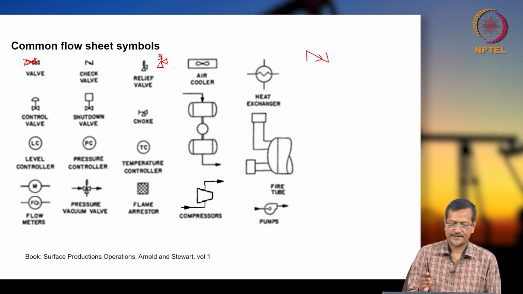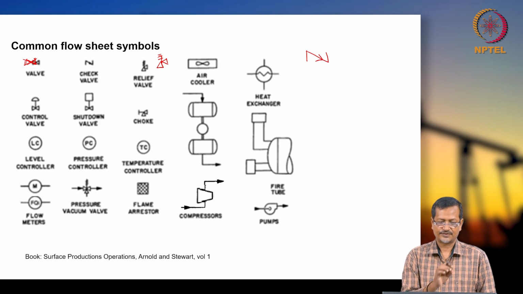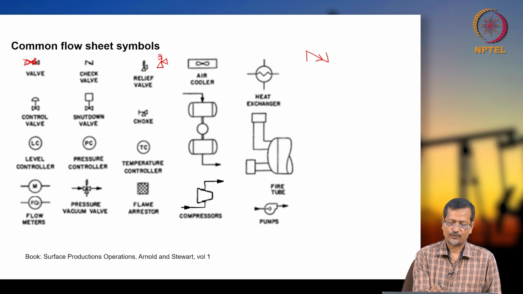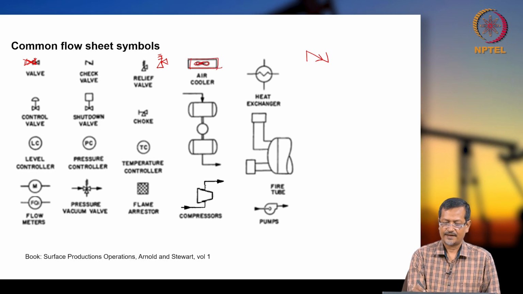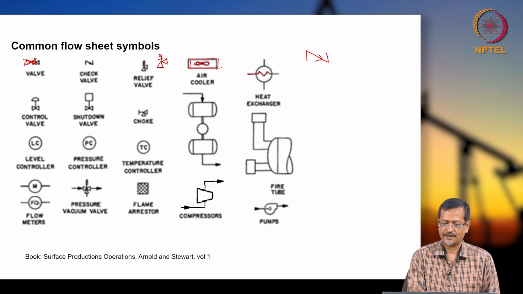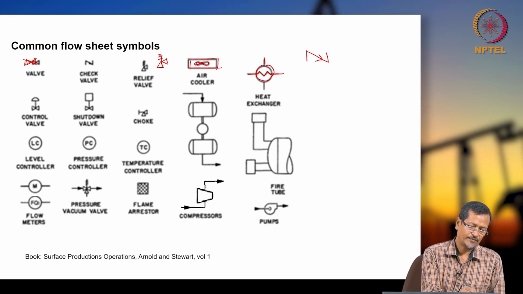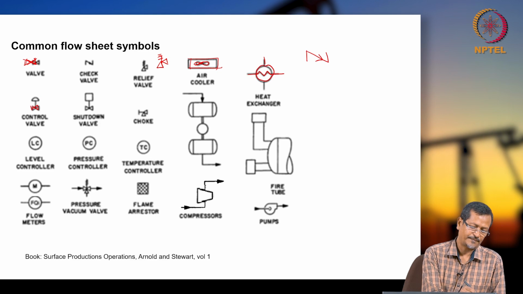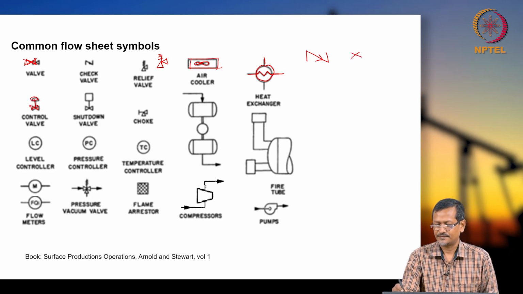In the exam I can randomly give valves and ask you to identify which valve is which, so you should remember that. An air cooler looks like a fan. A heat exchanger is like a coil, an electrical coil we are implying. A control valve means a flow controlling valve. Fluid enters here and goes out here, and using the top semicircle portion you turn it and control the flow. And a shutdown valve will be like this.